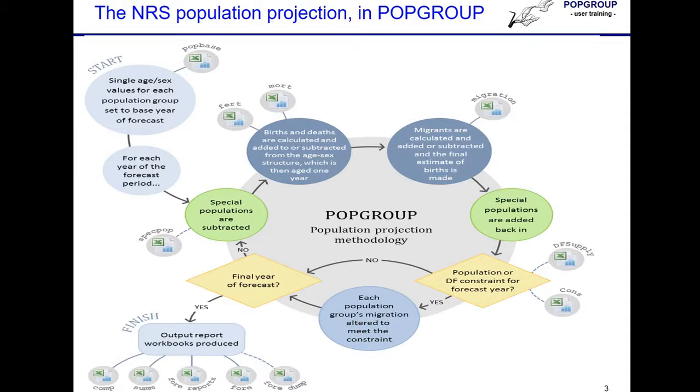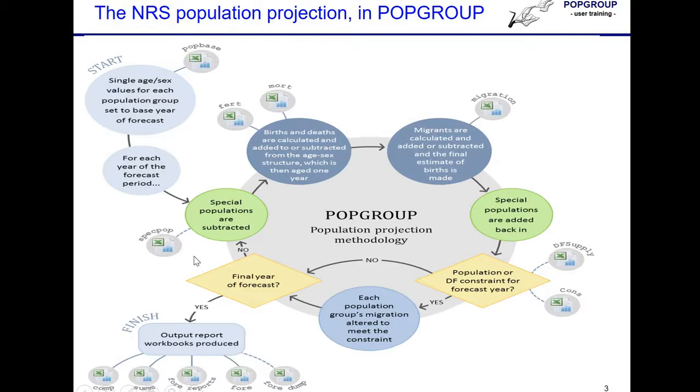We can operationalize this cohort component projection methodology in POPGROUP, and this requires us to specify assumptions or data on our population base, fertility, mortality, and migration, which we do using a whole set of Excel files. So we start off with a POP base Excel file, which contains single year of age and sex values for each population group. Then, for each year of the forecast, we first need to subtract what are known as special populations.